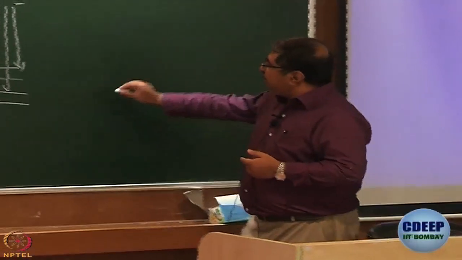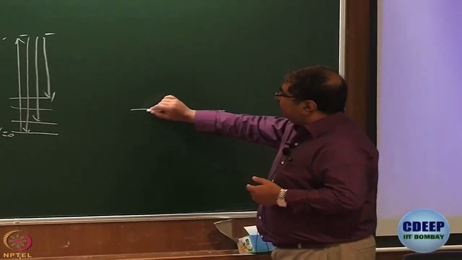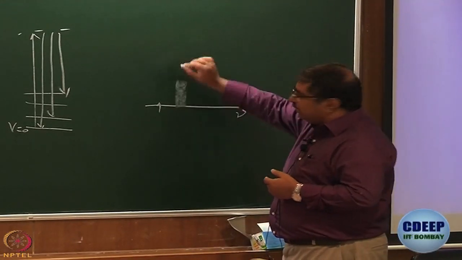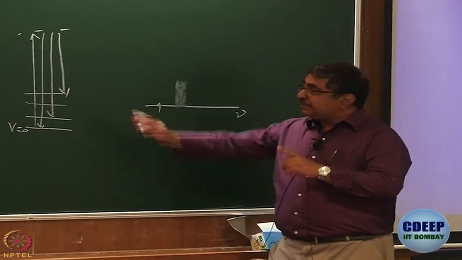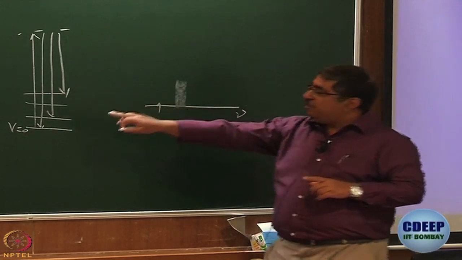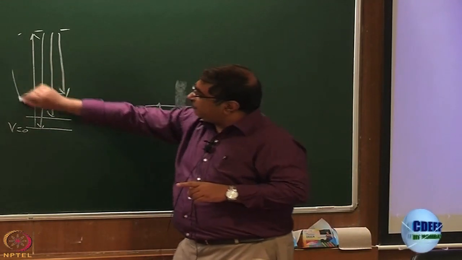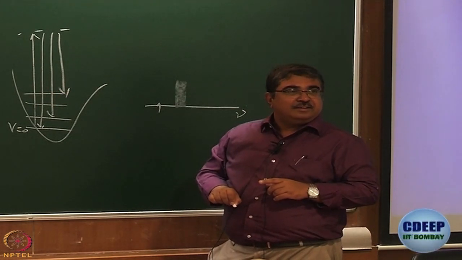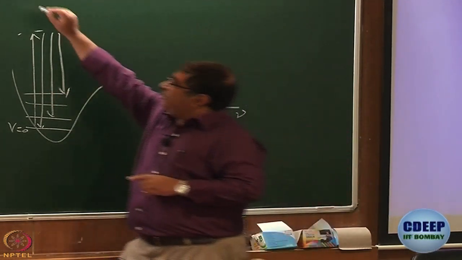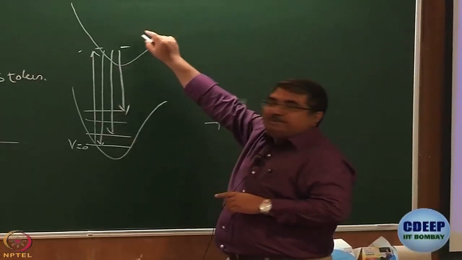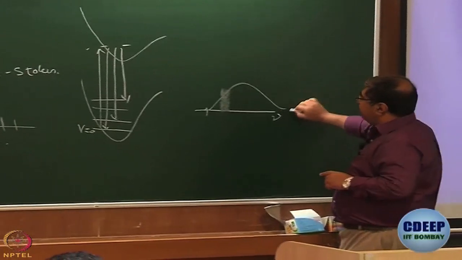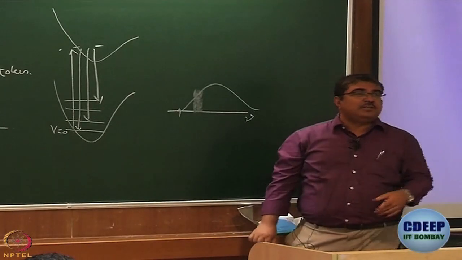Because the problem with Stokes shifted Raman is this: you excite at this nu, now I am plotting against nu, the band comes somewhere here. Especially for vibrational Raman, this is a part of an electronic manifold, right? So, you have some other electronic state here, it can be emissive. So, very often this Raman overlaps with a much stronger fluorescence signal.